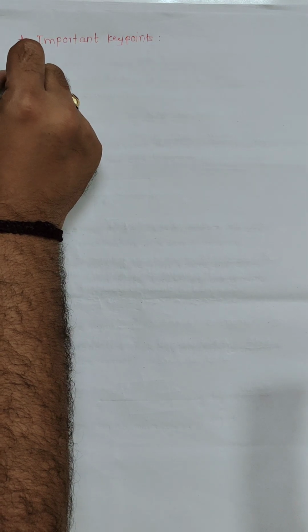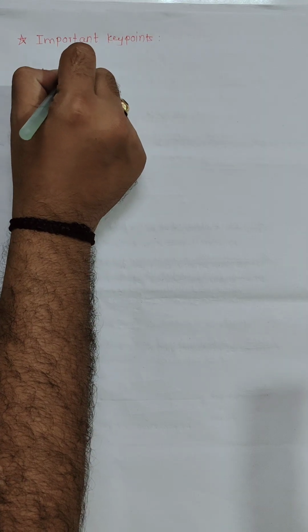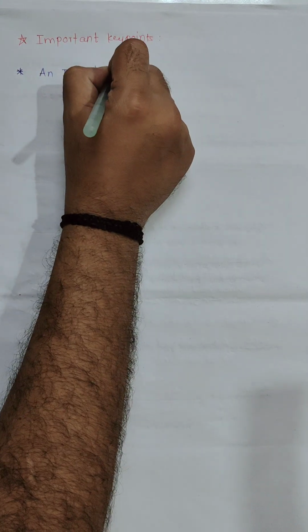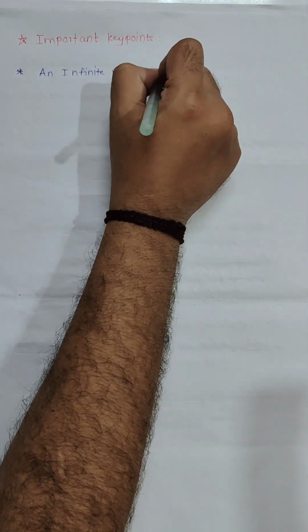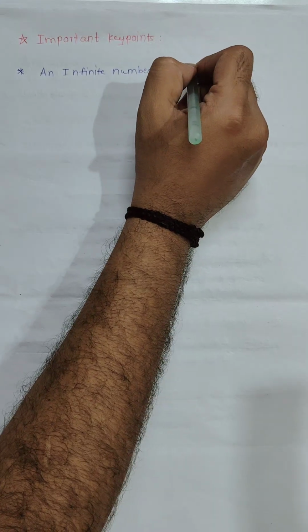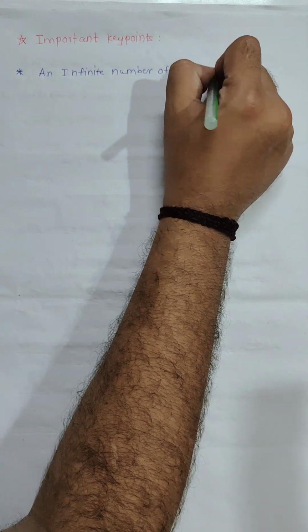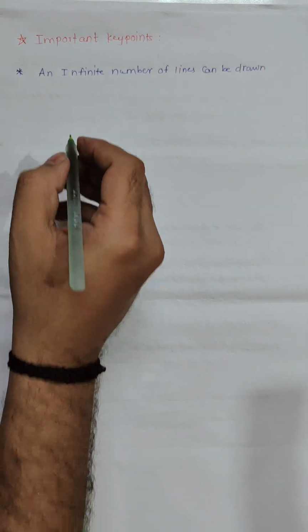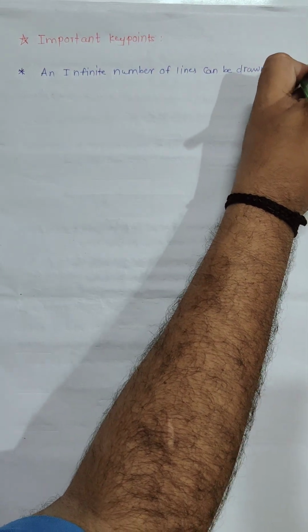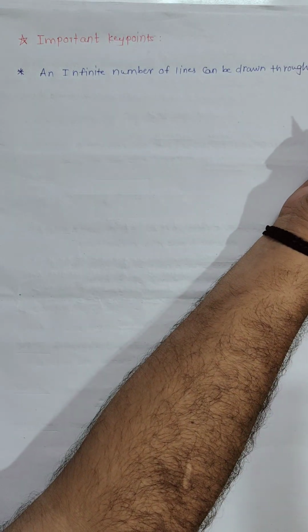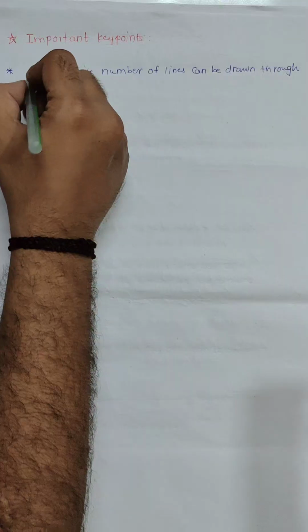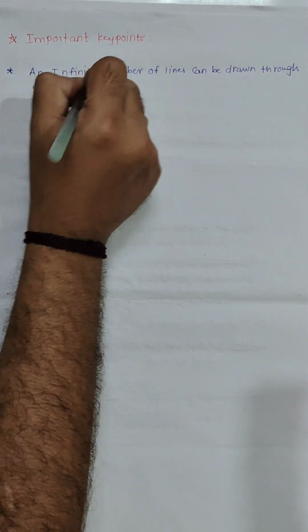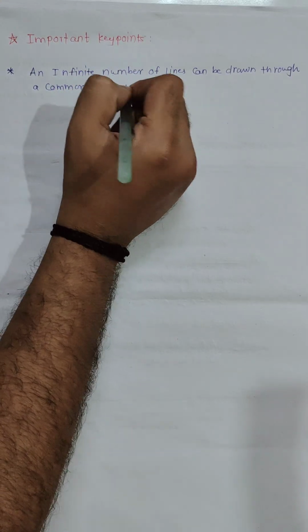Number one: an infinite number of lines can be drawn through one common point. This one point is very important.